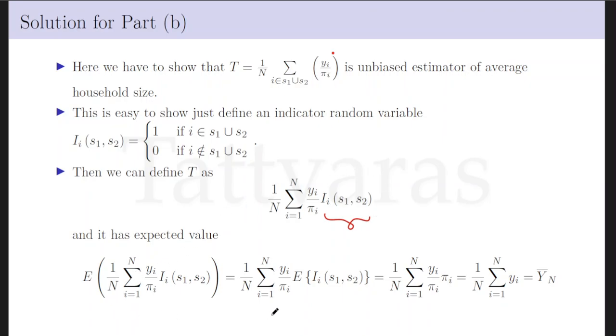Now if you just take expectation, the expectation will go inside, and the expectation of the indicator is nothing but the probability that i is in the union of S1 and S2. That is by definition pi i, so it is cancelled, and this is the expected value, that is the average population household size. Hence it is proved that this is an unbiased estimator for this quantity, right?